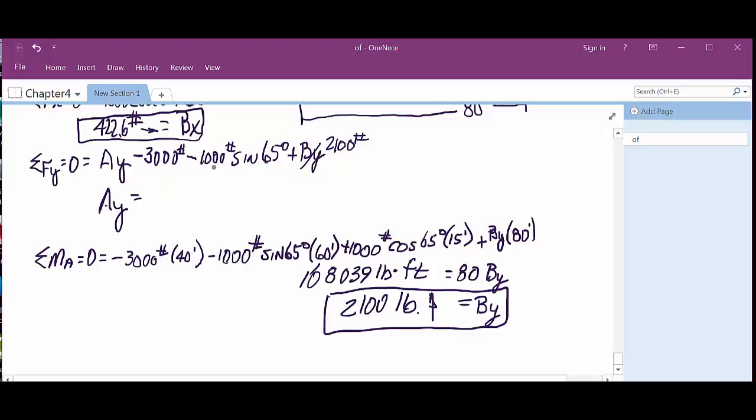So we have 3,000 plus 1,000 sine of 65 minus 2,100. I got 1,806.3 pounds. We said it was going up. It came out a positive value. Therefore, it is going up.